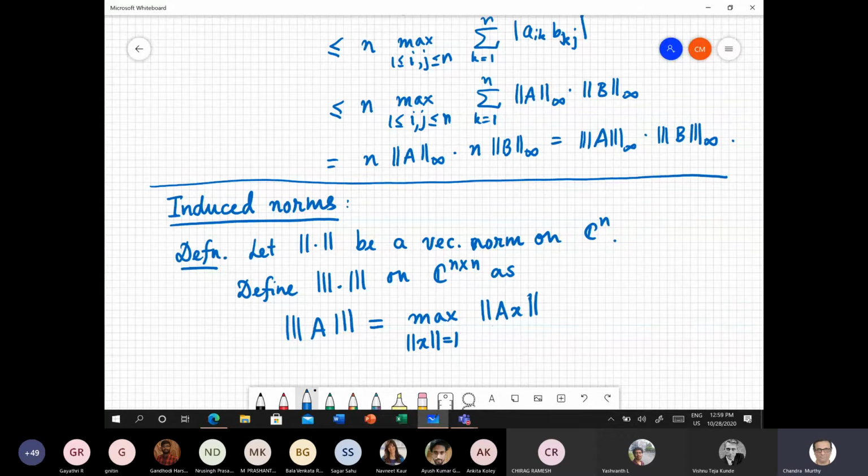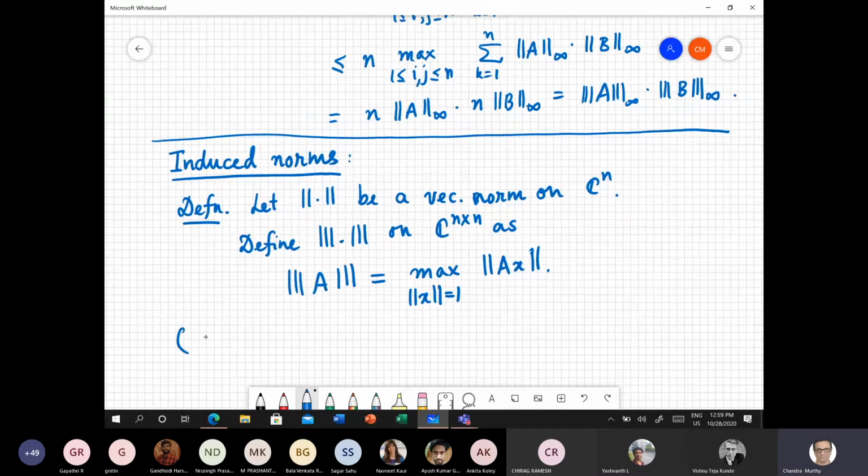You take that norm, and if I compute that norm on the vector AX and take its maximum over all vectors which have a unit norm according to this vector norm, I'll define that to be this function with 3 bars on the matrix A. Okay, and so this is defined as the induced norm.